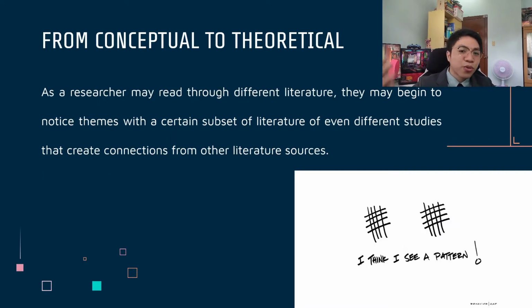So as we go through the different studies, publications, and papers that we read, there may be some themes that come up within a certain subset of literature. By knowing these themes, we can create connections from different literatures and we can also use this as another way to boost the argument for our research.